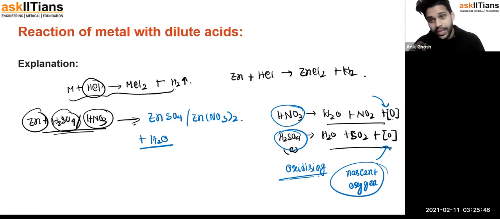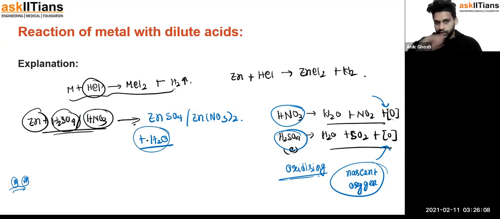As a result, you get H2O for concentrated sulfuric acid and for HNO3. For dilute sulfuric acid, it would not happen. The product would be just the same, the sulfate and hydrogen gas. Fine. This was all about acids. So for HNO3 and concentrated H2SO4, they would give you water, the oxidizing part.